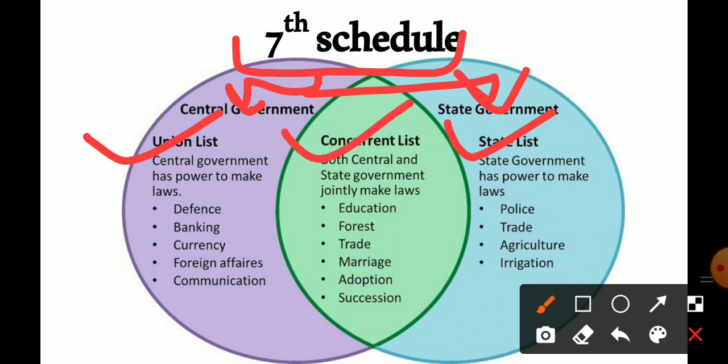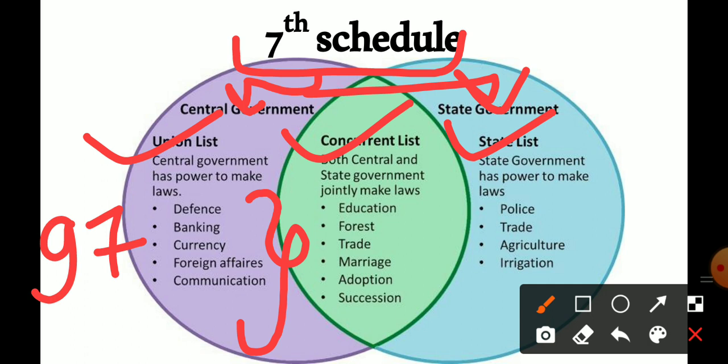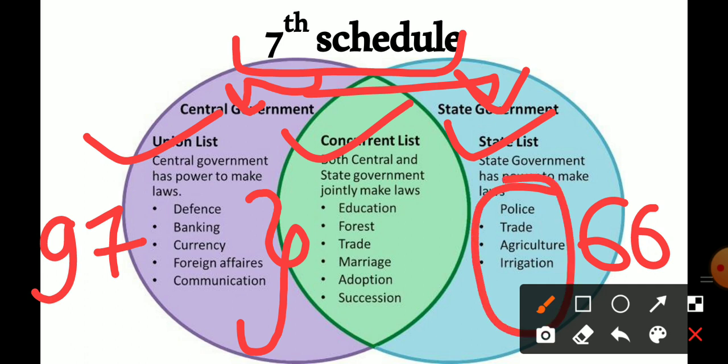In the union list, there are 97 subjects, and on the subjects enumerated in the union list, the central government has the power to make laws and to implement these laws. Whereas in the state list, there are 66 subjects. The state government has the power to make laws on these subjects and to implement these laws.